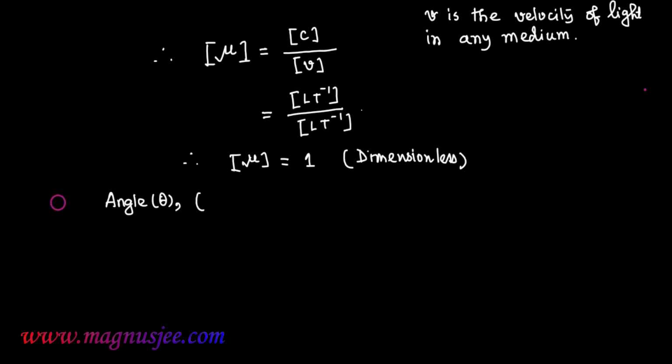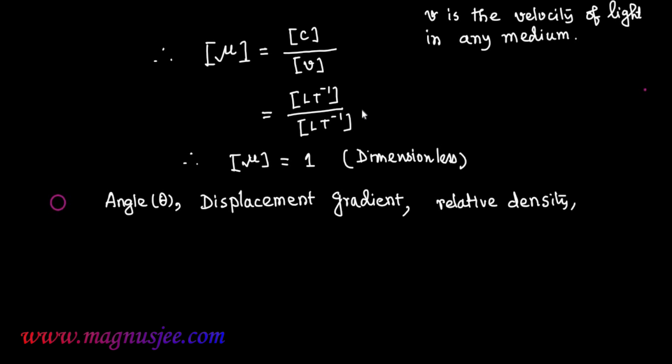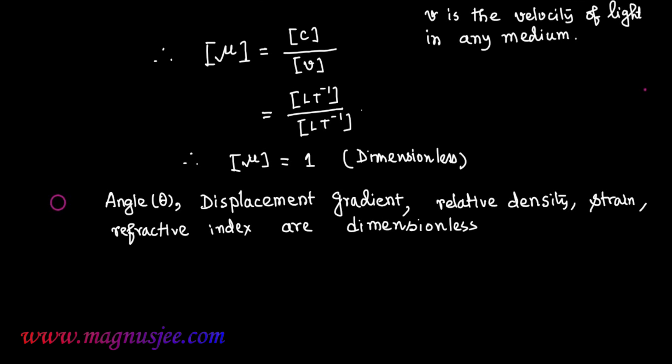That means angle theta, displacement gradient, relative density, strain, any type of strain, and refractive index are all dimensionless quantities.